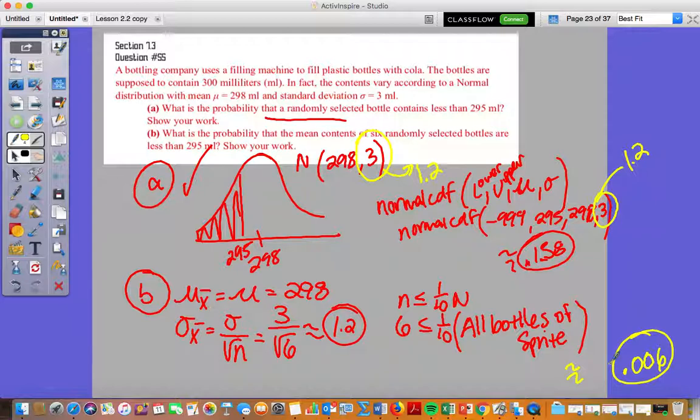All right, question for you. Did that help with how we applied this? Where are you confused, Lindsay? When I read part B, I didn't think of going to standard deviation. Did you think of it as a sampling distribution?